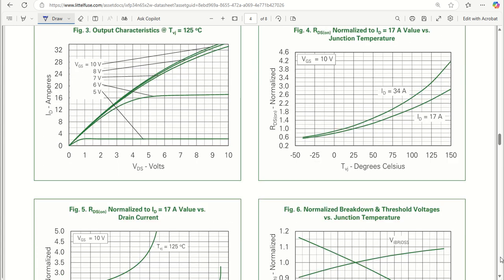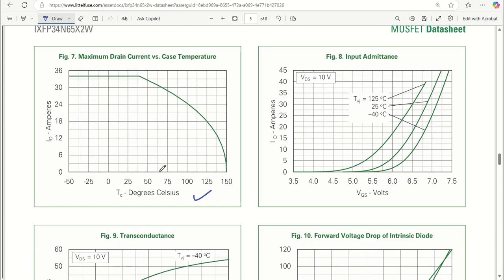Coming back to the other curves, this curve is very important. It shows the maximum drain current versus case temperature. As you can see, till around 30 or 35 degrees centigrade, my current capability is not changing. It has around 34 amperes of current.